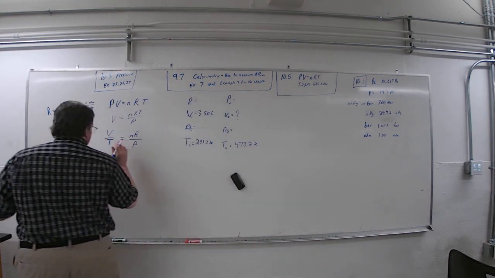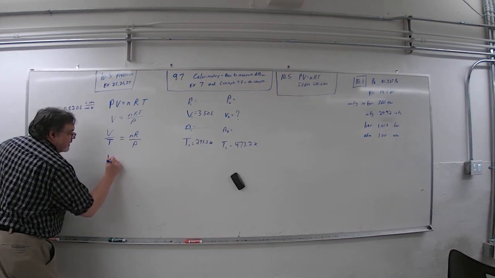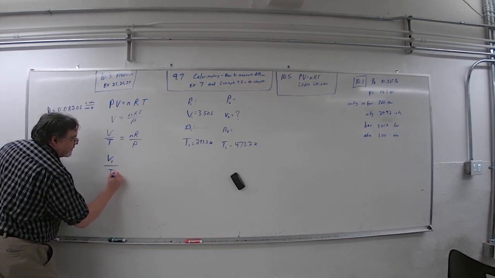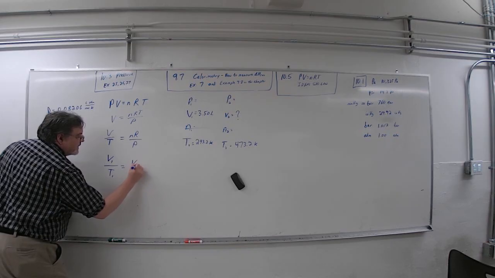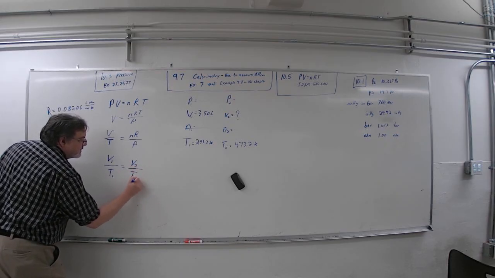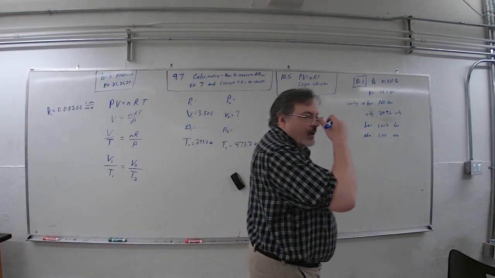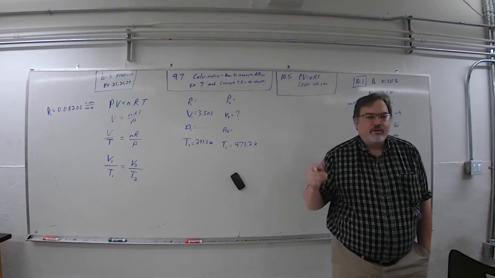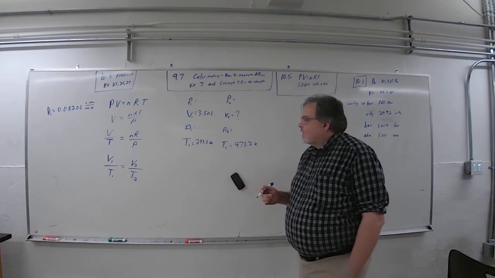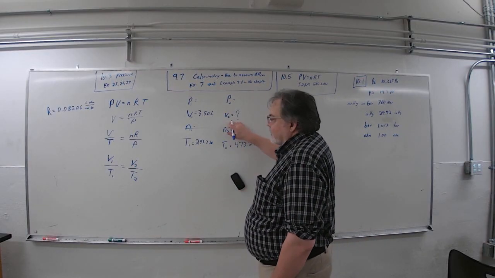Then you just do this. You take what's on the left, V1 over T1 equals V2 over T2. And now you've got 3 out of 4 of those variables, so you just solve for the last one. We're trying to solve for V2.